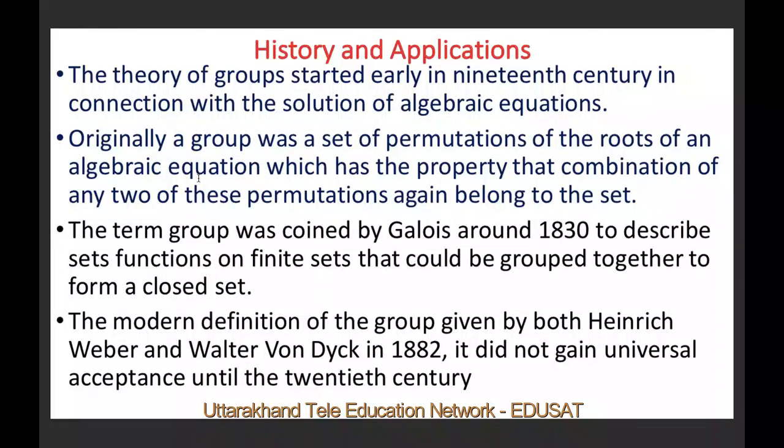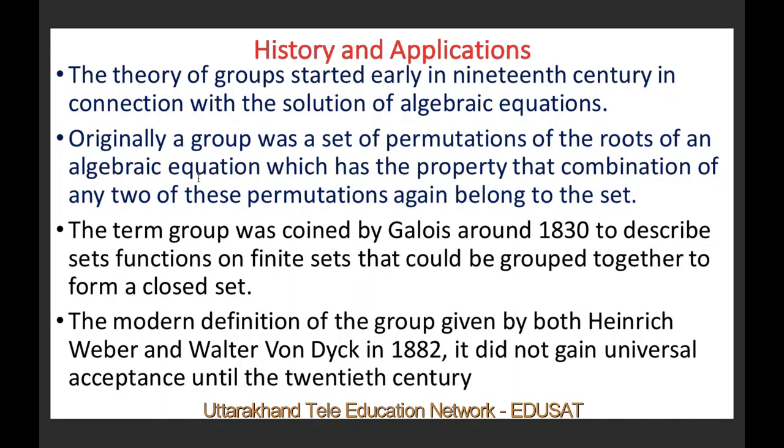Now we come to some history and applications of groups. The theory of groups started early in the 19th century in connection with the solution of algebraic equations. Originally, a group was a set of permutations of the roots of an algebraic equation, with the property that the combination of any two of these permutations again belongs to the set.